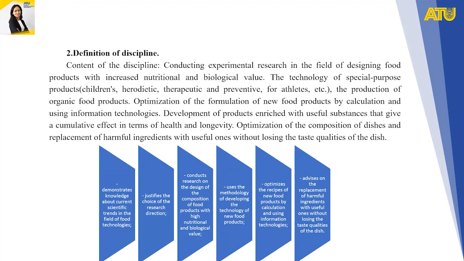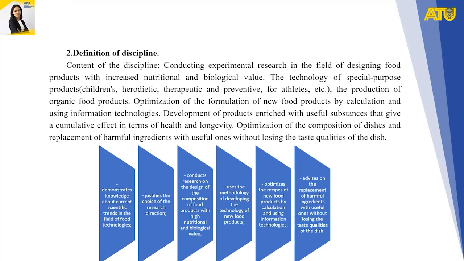The production of organic food products, optimization of the formulation of new food products by calculation and using information technologies. Development of food products enriched with useful substances that give a cumulative effect in terms of health and longevity. Optimization of the composition of dishes and replacement of harmful ingredients with useful ones without losing the taste qualities of the dish.